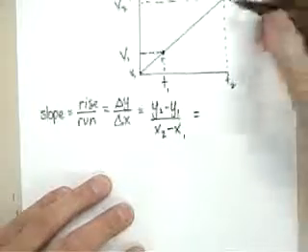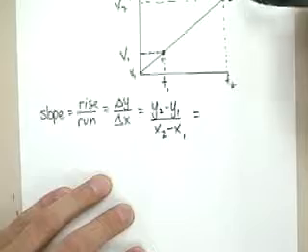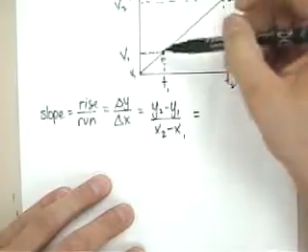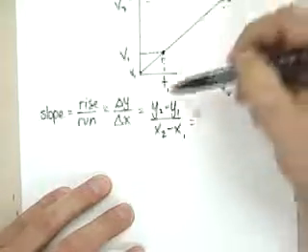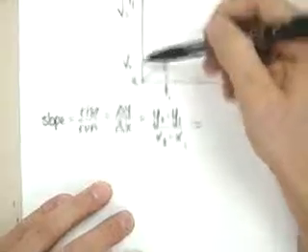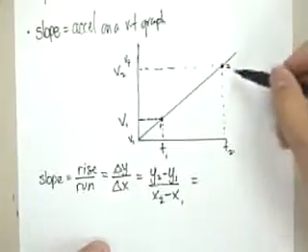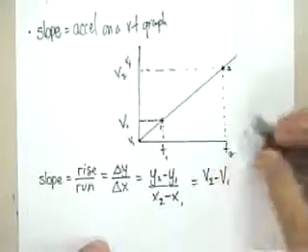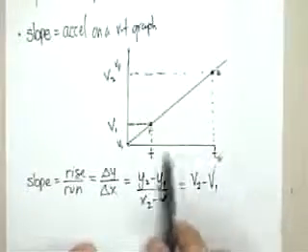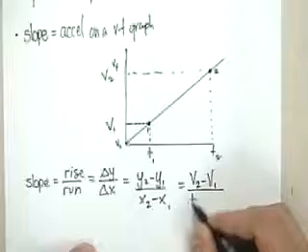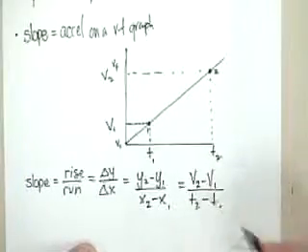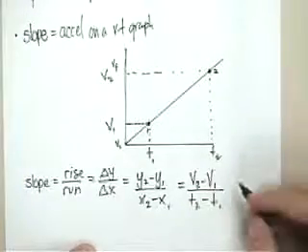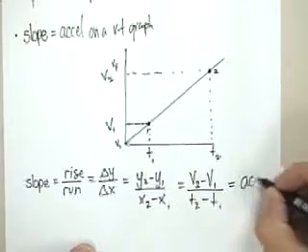And in this case, it's going to end up being equal to this 2 minus that 1. So my y's are my velocity axis here. So I'm going to go v2 minus v1, and t2 minus t1 is my x's, and that's equal to acceleration.